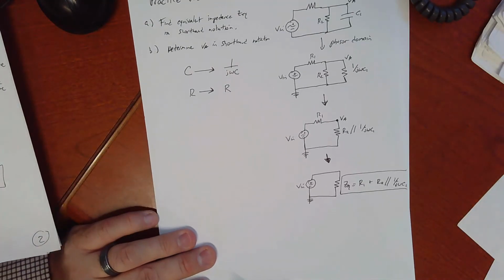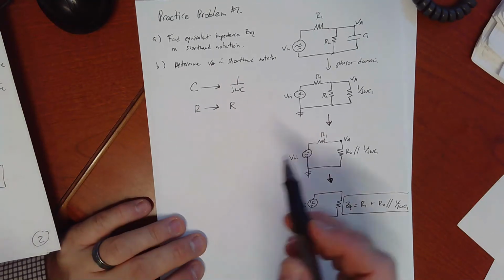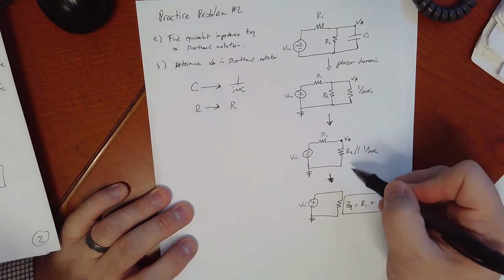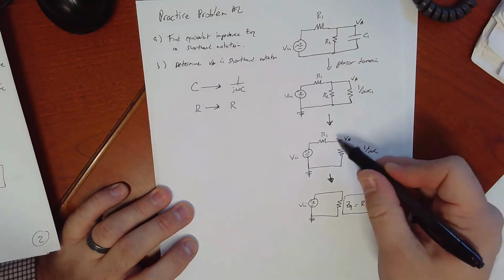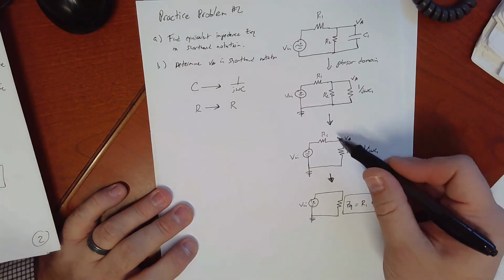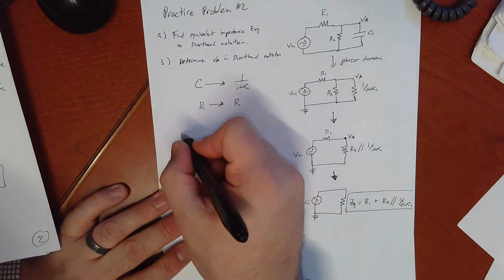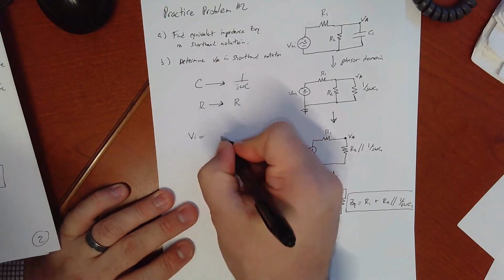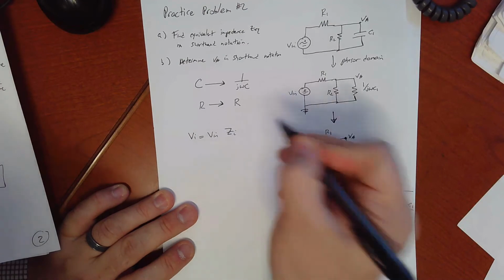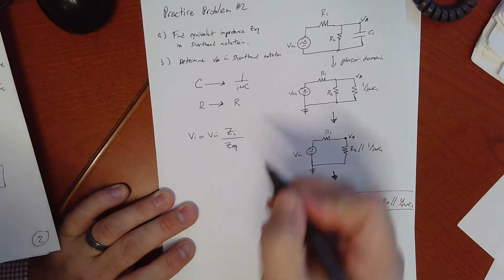Just like before. Now part B asks us to determine V sub A. Again, if we look, the simplest place for V sub A is right here. And just like in practice problem 1, we now have two resistors in series, so we can use a voltage divider. We know that V sub A is equal to Vn times, and we can write this in impedance, the impedance you're measuring across over the equivalent impedance.